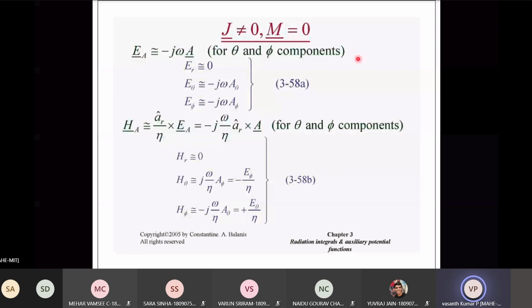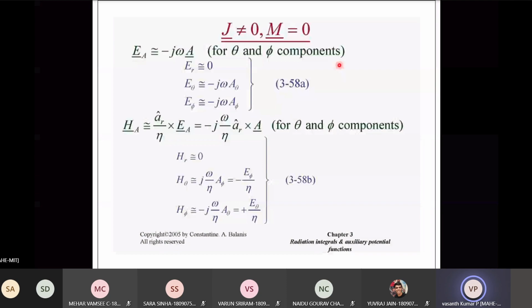The 1 by R terms are much larger compared to the 1 by R square and 1 by R cube terms. Because it is the far field distance, R is very large, so by taking that approximation you can ignore 1 by R square, 1 by R cube terms, and so on. That's how you get these simplified expressions. I will pass on this derivation to you through WhatsApp.